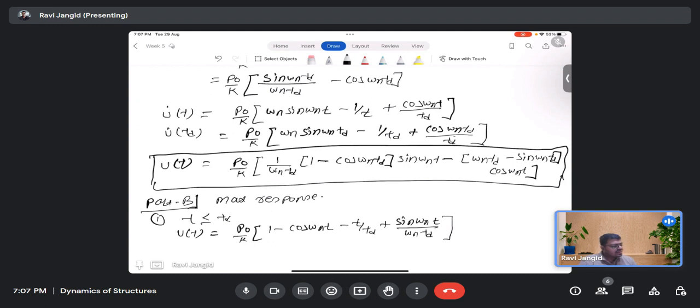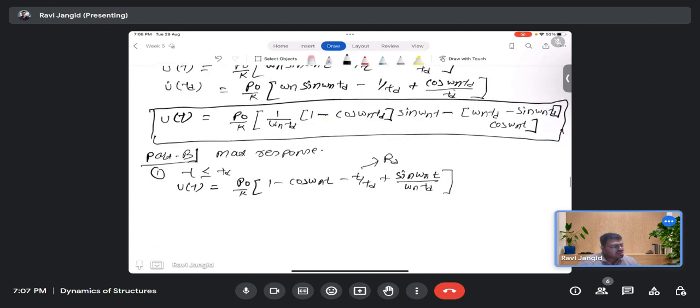So this thing I can write as R d. I need to find the expression for the maximum R d: 1 minus cos omega n t over td plus sine omega n t over omega n td.